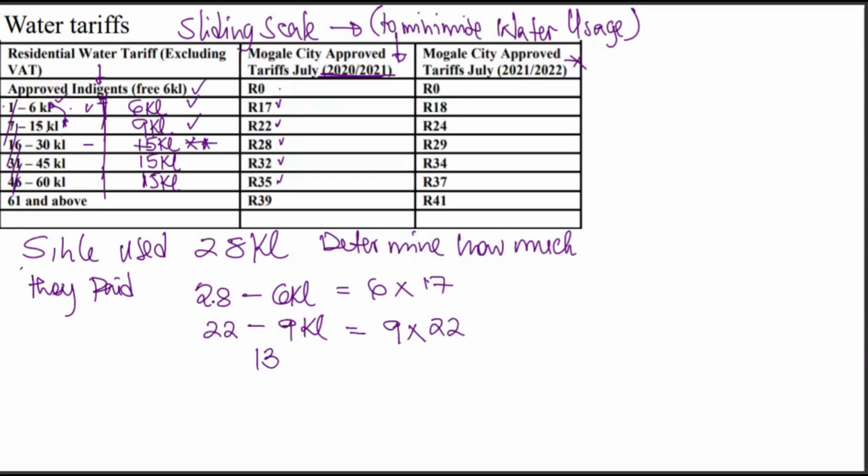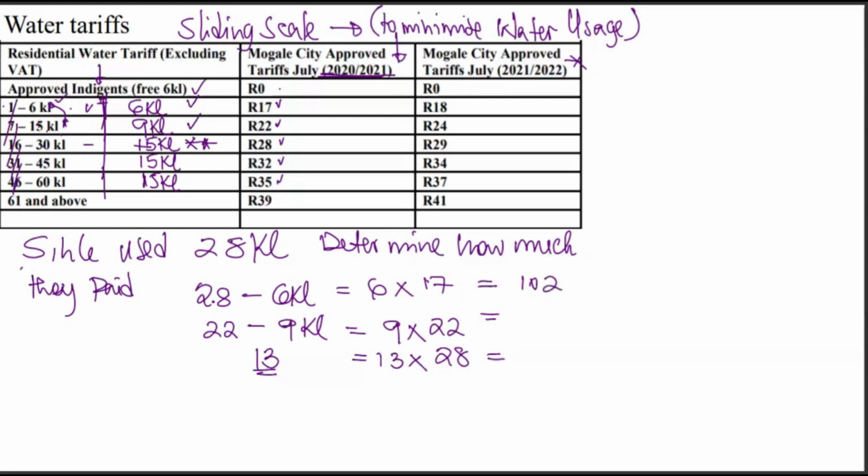What about this? This one is in block number 3, but block number 3 needs a maximum of 15, and you've got 13. So it will be 13 times the money that you see here, which is 28. Here we have the answers. So we have 6 times 17, which gives you 102.